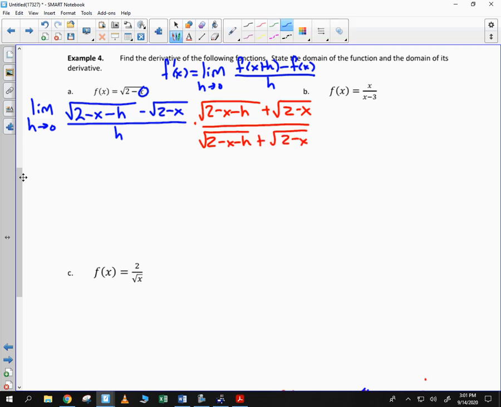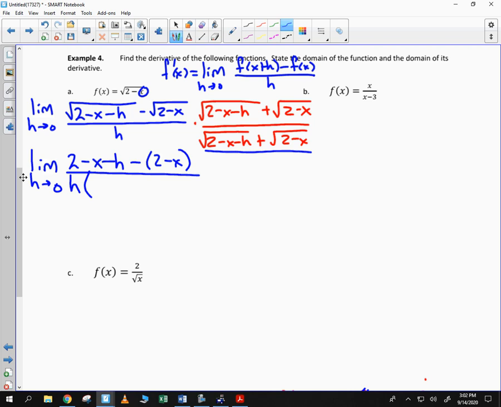When we do that, look at our new expression. We have the limit as h goes to 0 of 2 minus x minus h minus the 2 minus x, over h times that whole thing: the square root of 2 minus x minus h plus the square root of 2 minus x.